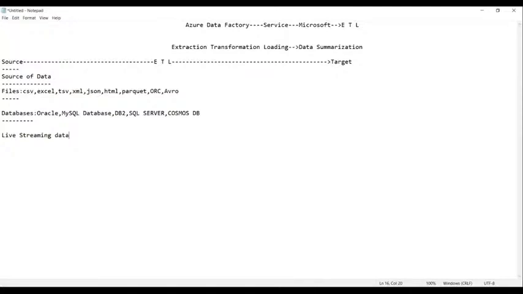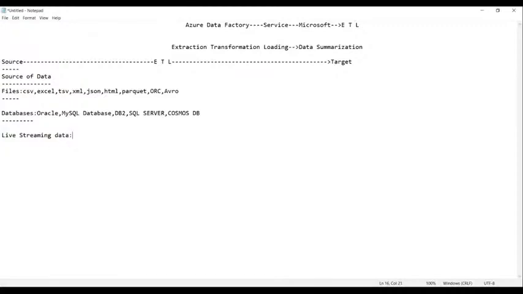Or for example, a live cricket match: the score changes every minute or every couple of minutes. Likewise, constantly changing live data is nothing but live streaming data. The data which streams live is called live streaming data.